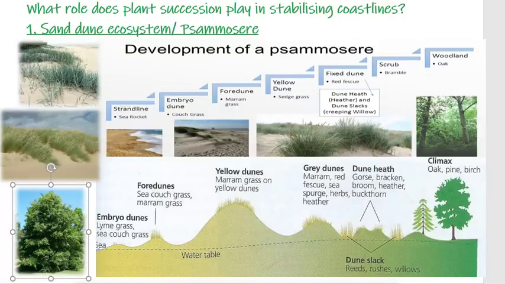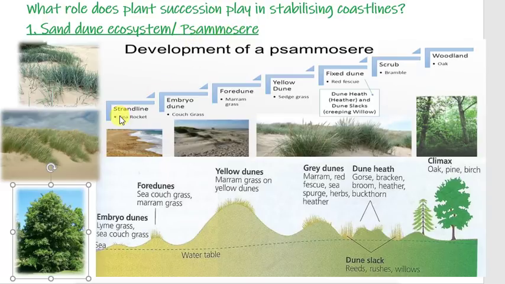Okay, folks, next learning objective is understanding what plant succession is. And this is a sand dune succession, which, another key word, we call a psammosphere. That's a silent P. So psammosphere.